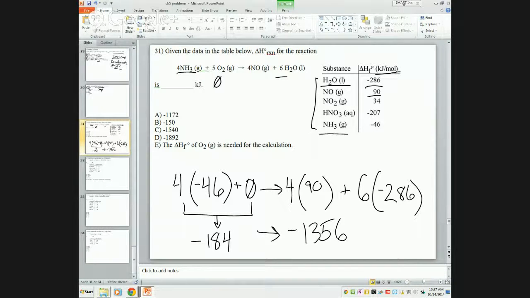So looking at this, it should jump out at you that we lost a lot of heat, right? We went from -184 down to -1356. So we got to figure out, well, what's the change? The change, you just do the final minus the initial, minus a -184, which is really adding a 184, and it should give you the answer of A.